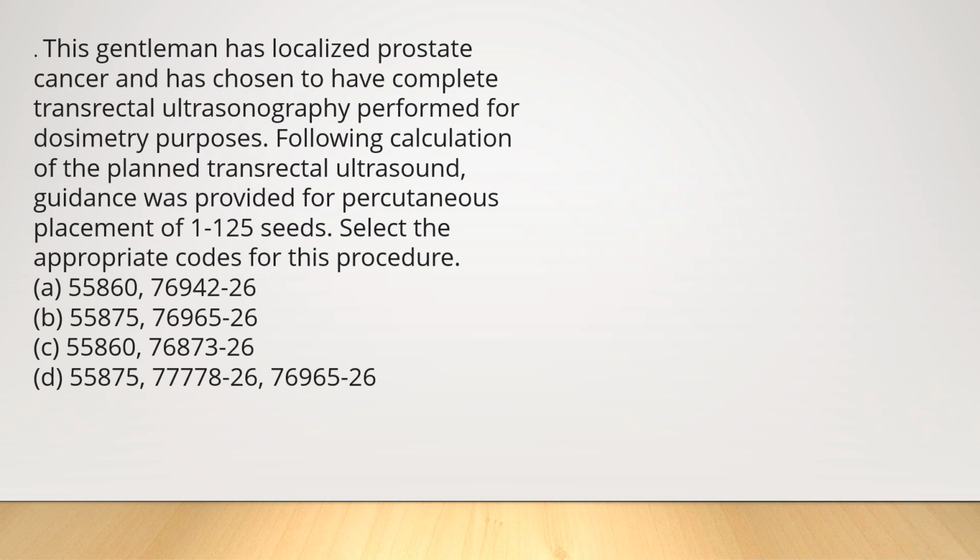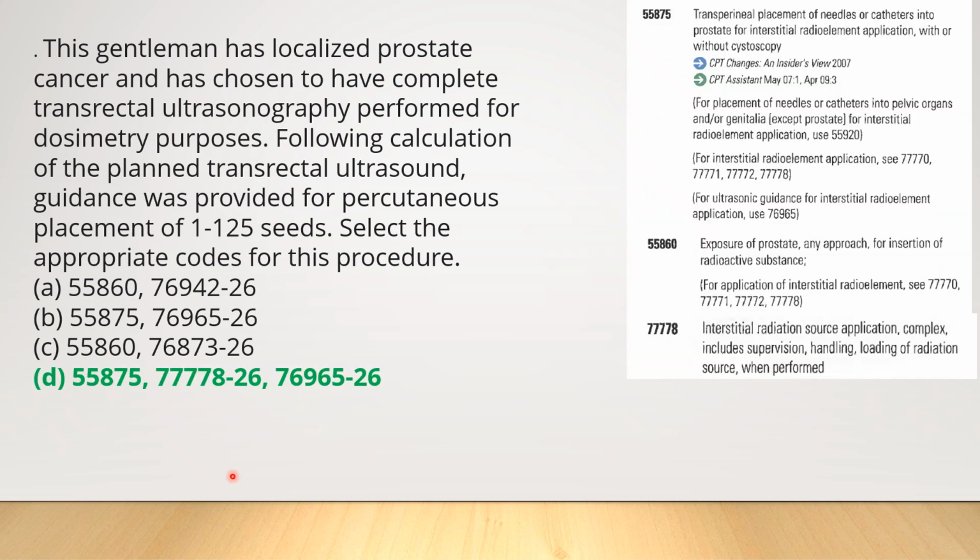Now go through all these codes and tell me the answer. Remember, the question is we have to code for the complete procedure. So ultrasonography, placement of the seeds, everything, and even the treatment. So D is the correct answer, because if you see 55860, it is the exposure of the prostate, any approach, for insertion of the radioactive substance.